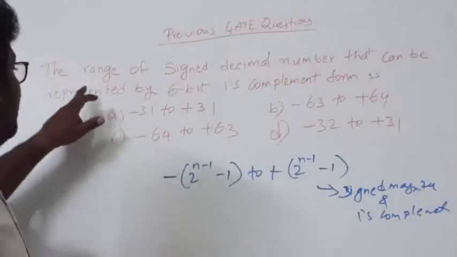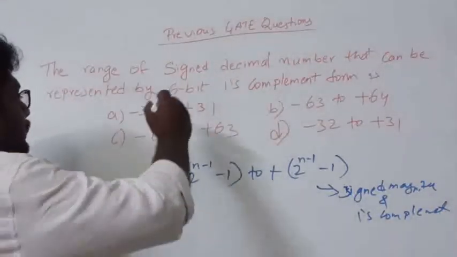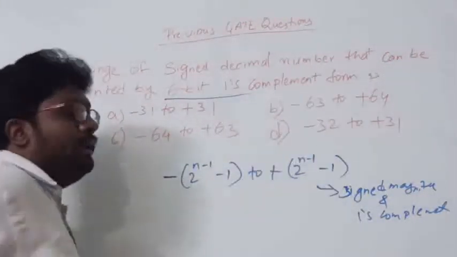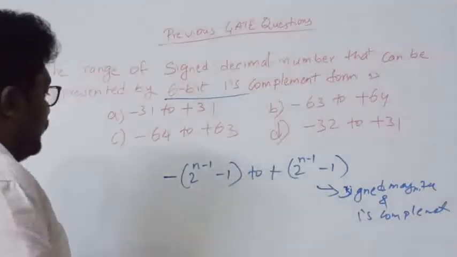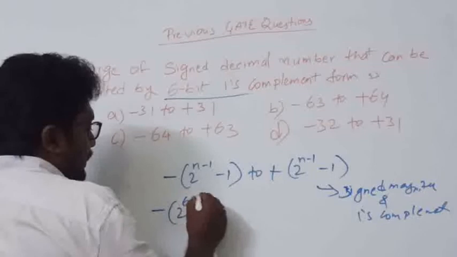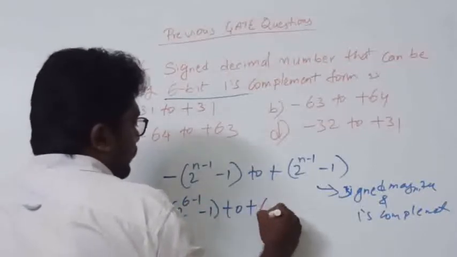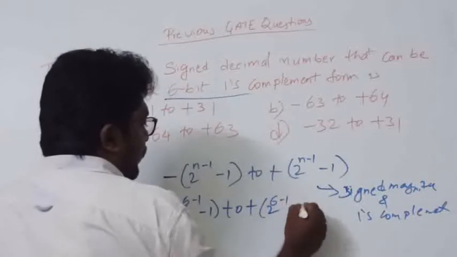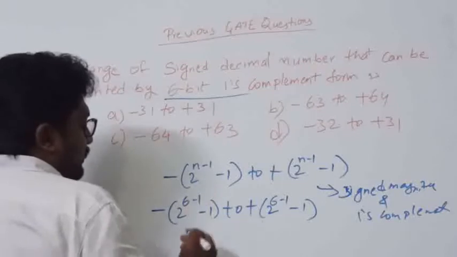In our question, the range of signed decimal numbers that can be represented by a 6-bit 1's complement form, so here n represents 6. Substitute 6 here: minus of 2 power 6 minus 1, minus 1, to plus 2 power 6 minus 1, minus 1. 6 minus 1 is 5, 2 power 5 is 32.